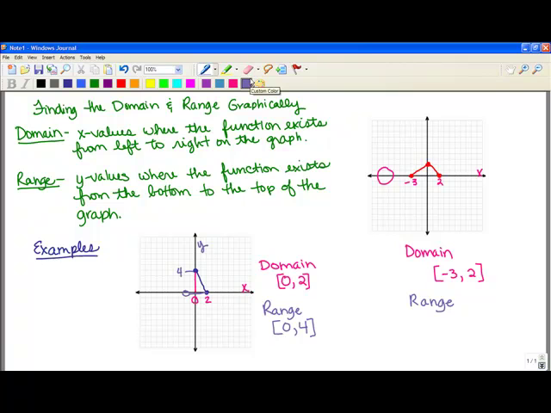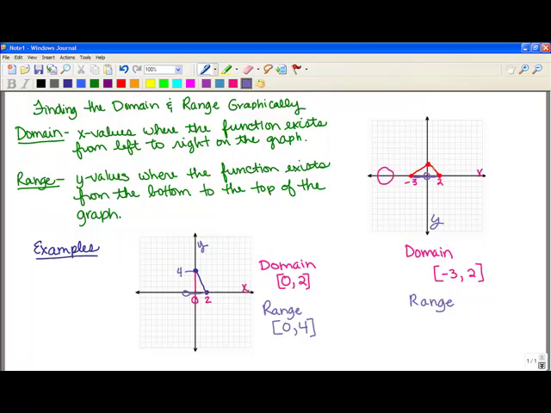Now let's find the range for the same function. The range are the y values, and if we look at the y-axis, there's nothing at the bottom, and we work up, and the first time we encounter a function is right here. That y value is at 0 for both of those points.